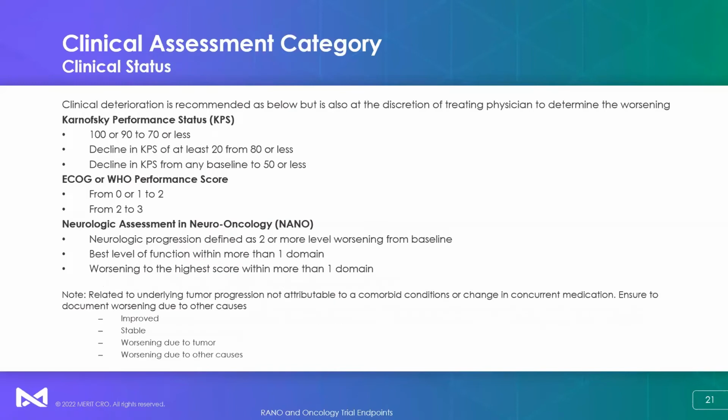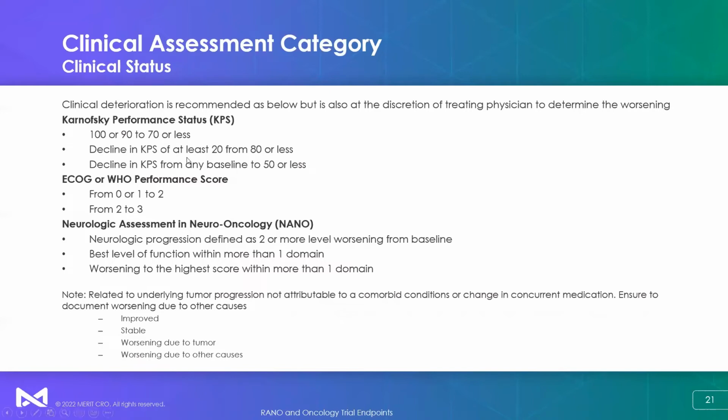Also, the clinical status is another important assessment category for the RANO. Usually clinical deterioration indicates progressive disease, and it is recommended to follow the discretion of the treating physicians at the site to determine whether the patient is really worsening or not.